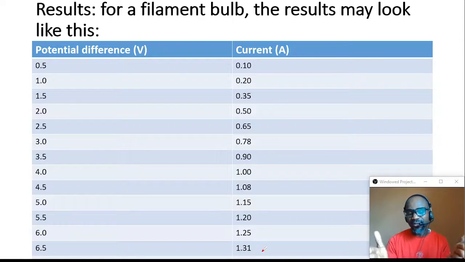With these values, we can now plot a graph and see whether it's going to give us a curve or a straight line relationship between voltage and current. That's what we are interested in.